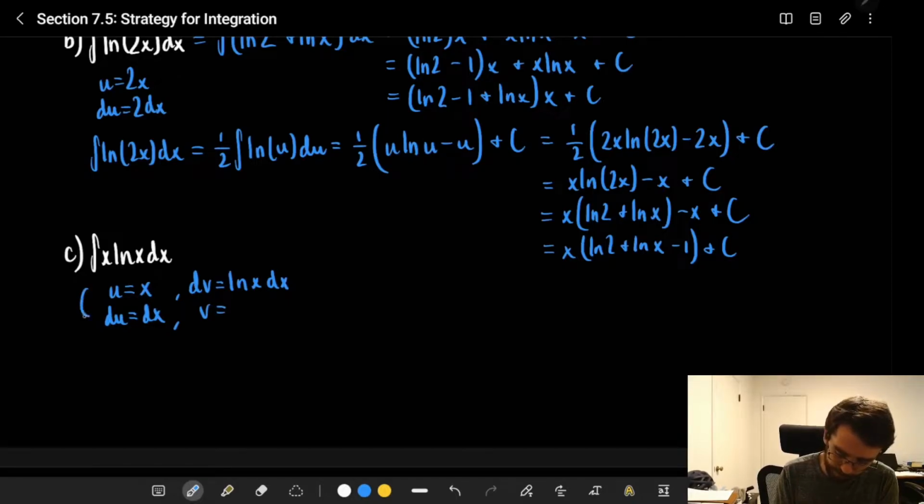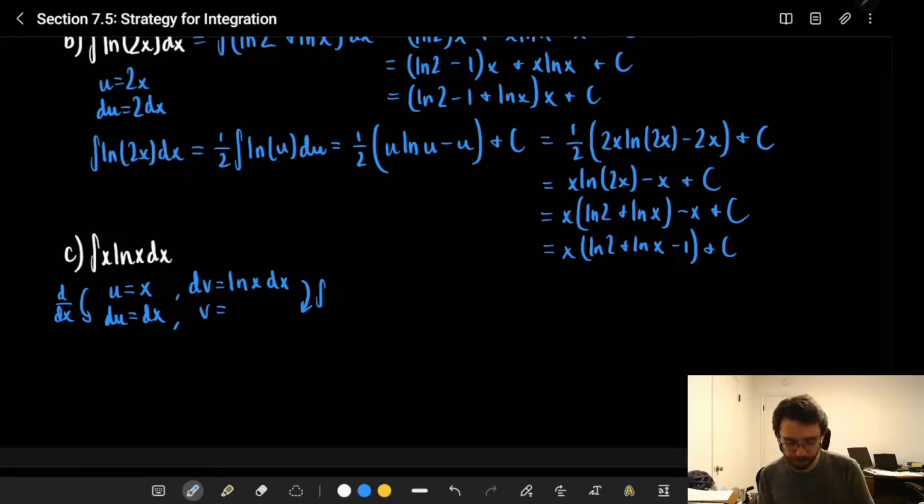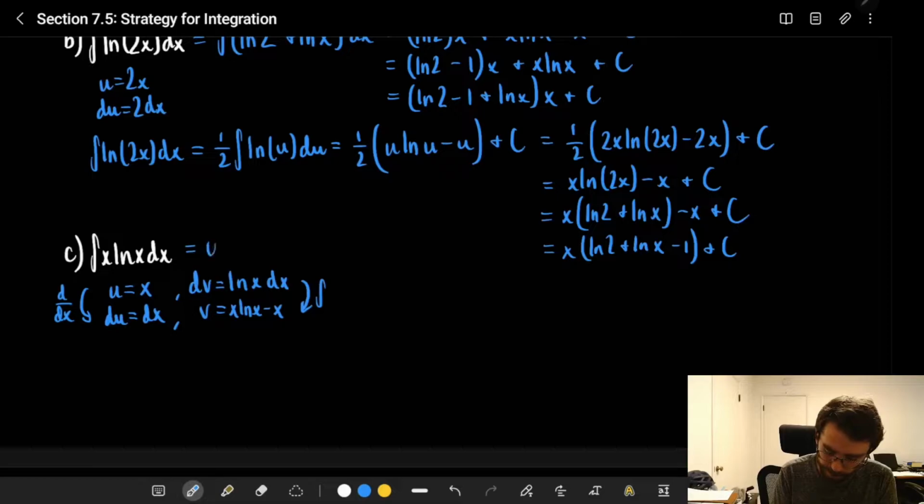To get, I'll write this once, that's sort of a derivative, this step will sort of be an integral, and I said, once again, natural log integrates to x ln x minus x, leaving off the plus c for now. And then the formula here should just be, this is uv minus integral v du.